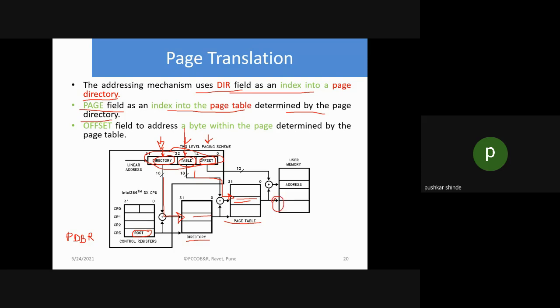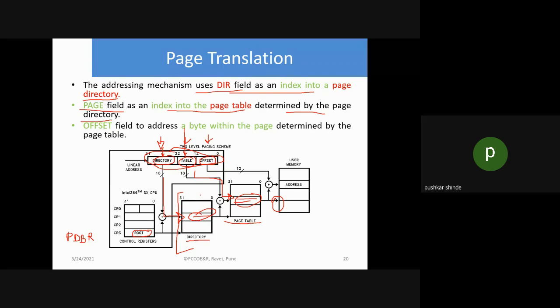Each entry in the page directory is of 32 bits. So a page directory entry is 32 bits. A page table entry is also 32 bits. The page directory has 1024, that is 1K entries, and each entry is of 32 bits, that is 4 bytes.